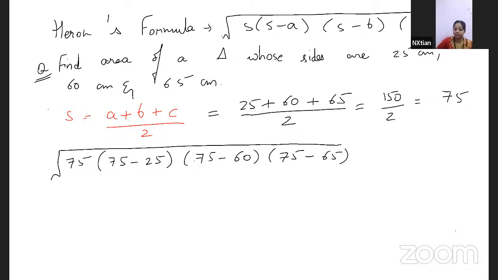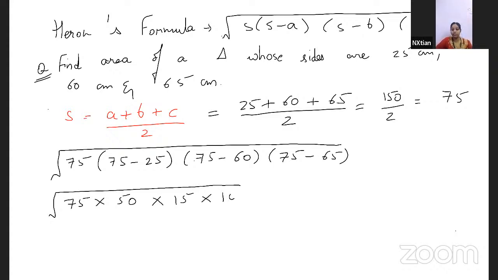Now subtract all of the values first. We will get 75 into 75 minus 25, that is 50. 50 into 75 minus 60, that is 15. 50 into 75 minus 65, that is 10. Okay, so we have all the values.